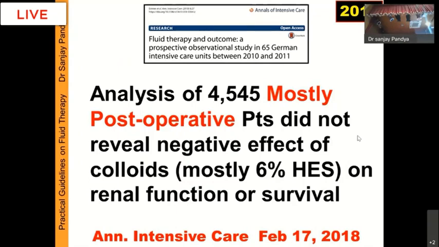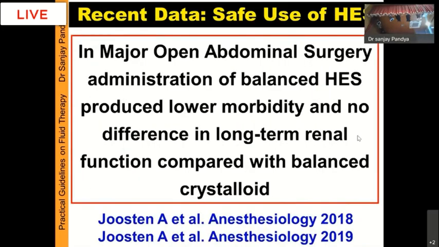It helps in post-operative patients and was found to be better for renal function or survival when used judiciously. So in major operations it may be harmful, but when used very properly, it may be helpful.